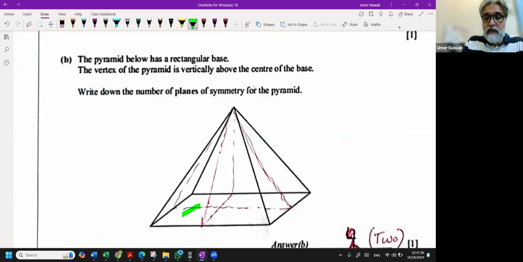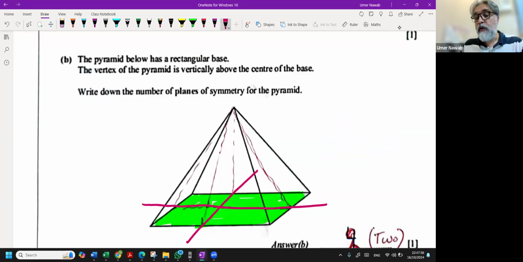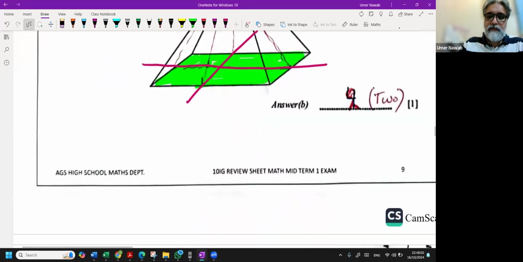If my base is a rectangle and a rectangle has 2 lines of symmetries, believe me, guys, the 3D shape will have the same number of planes of symmetries. So as I said, I have 2 lines of symmetries for the rectangle, then 2 planes of symmetries.